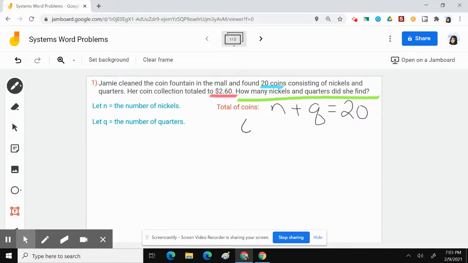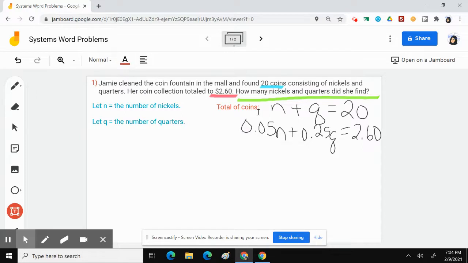So I'm going to do 0.05n because that's how much a nickel is, plus 0.25q because that's how much a quarter is, and that's going to equal $2.60. All right? So those are our two equations. This one's talking about the total of coins, and this one is talking about the total value of the coins.